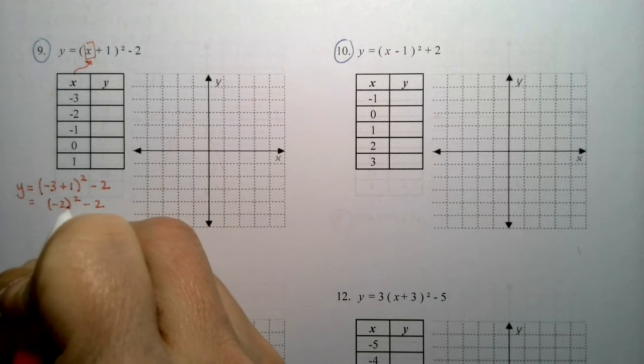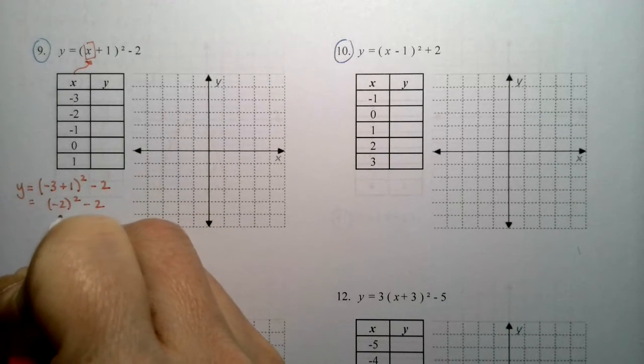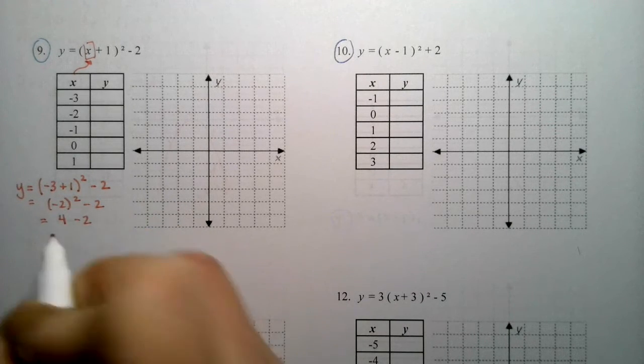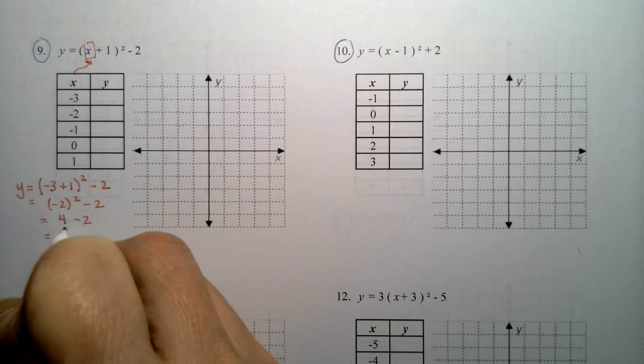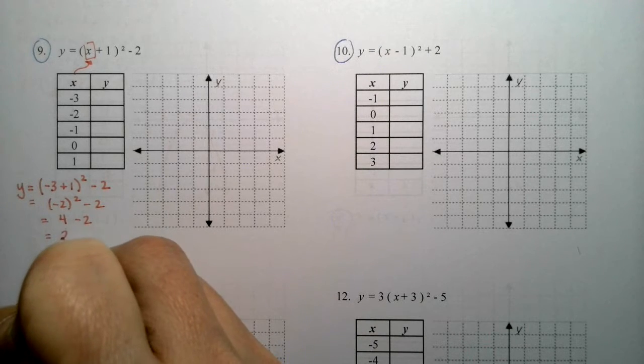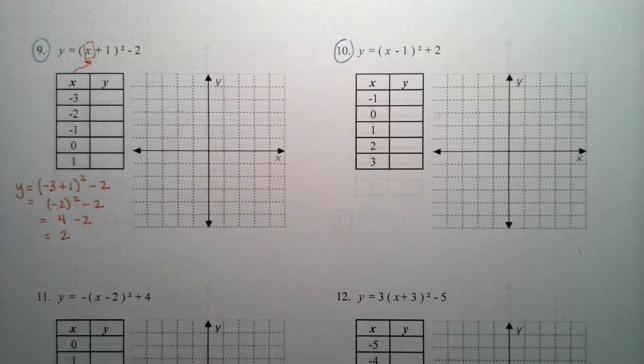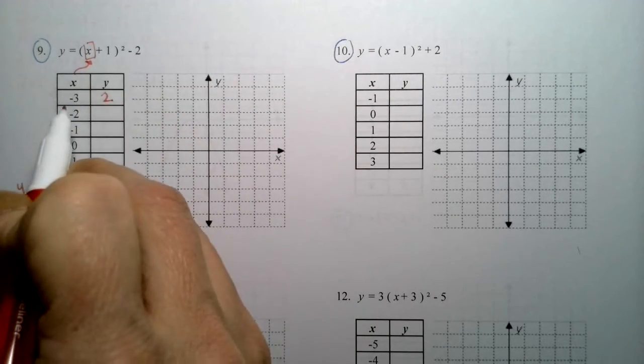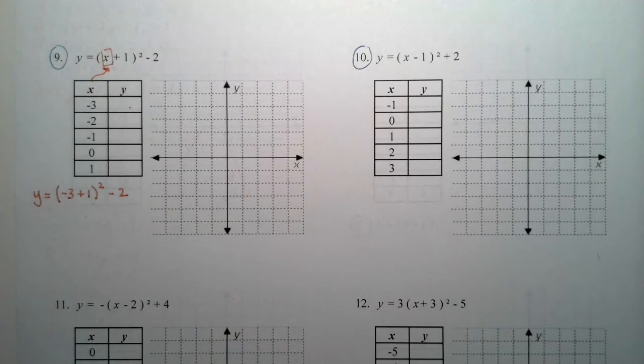Negative 2 squared is negative 2 times negative 2, which is 4. We still have that minus 2. And then 4 minus 2 is 2. So I find it very helpful to show each step as I go through. So y is equal to 2 when x is equal to negative 3.